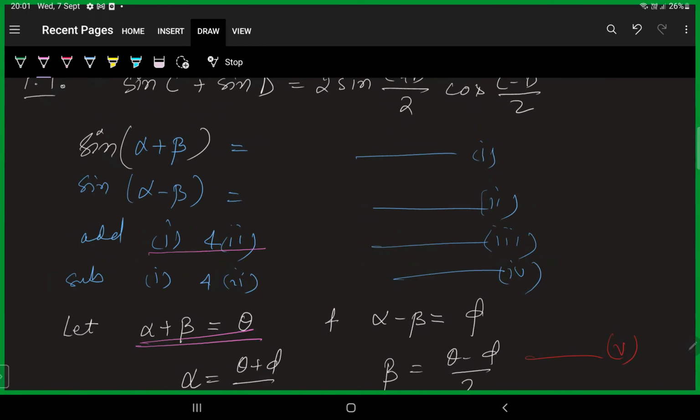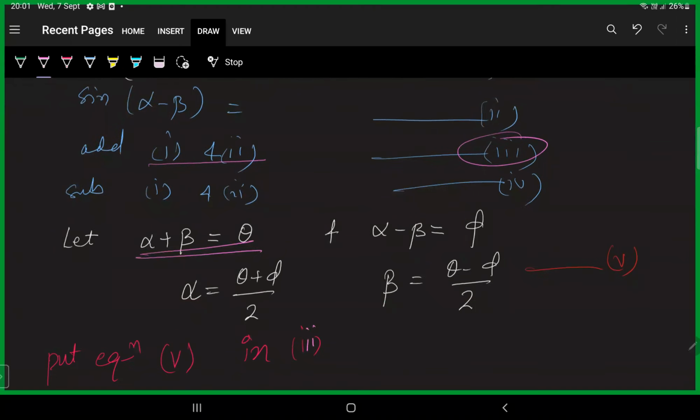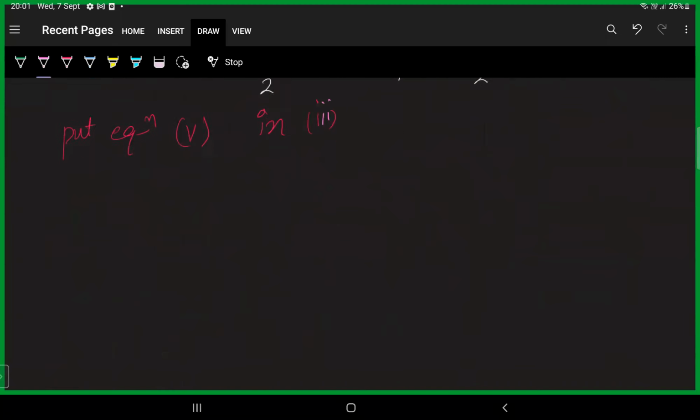When you are adding 1 and 2, you have equated that equation to 3, right? What have you got from there? When you are adding 1 and 2, you are getting sine alpha plus beta, and alpha plus beta is theta.